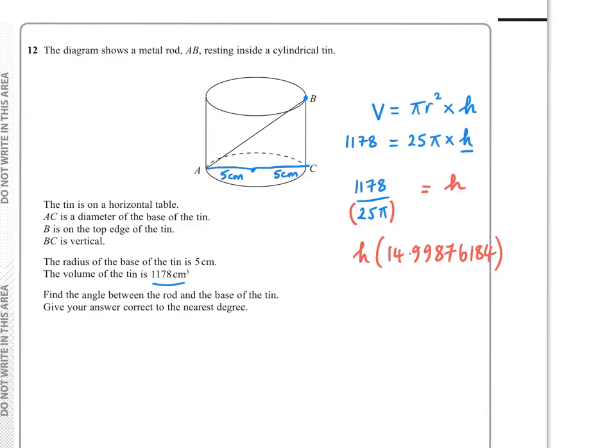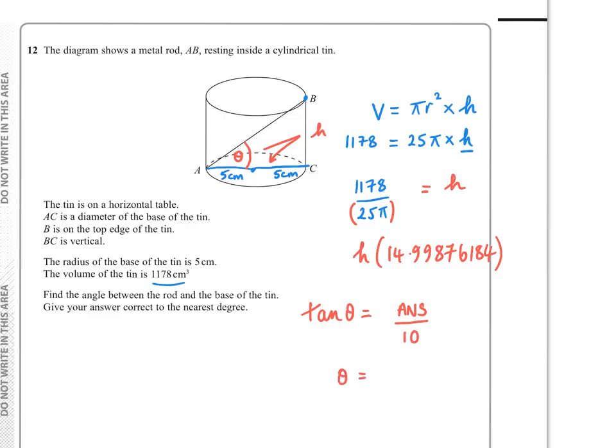So we've got to find the angle between the rod and the base of the tin. So we want this angle here. So we're lucky enough to know what the height is. So we've got opposite, we've got the adjacent. So we've got tan of theta is going to be h, which is the answer in my calculator already, and you've got an ANS button on your calculator probably, divided by the adjacent, which is 10.